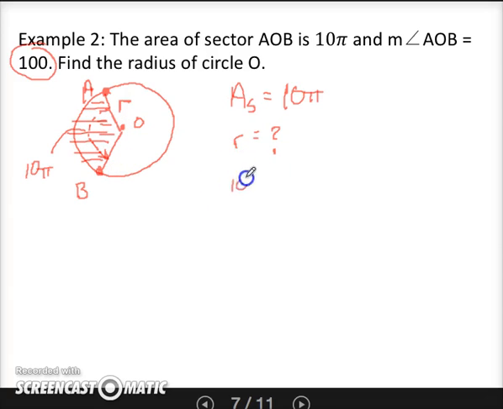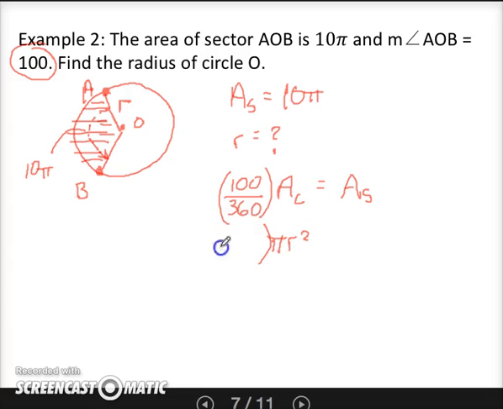So 100 divided by 360 is the fraction of the circle that we're dealing with. So that times the area of the circle is going to give us the area of the sector. Now I know the area of a circle is pi r squared.